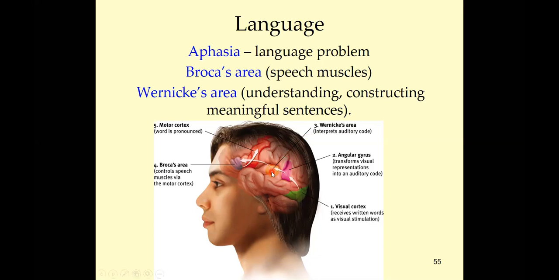Wernicke's area is also involved in constructing meaningful sentences. So if damaged, Wernicke's aphasia might involve an inability to understand what others are telling them. It might involve also speech which doesn't make sense to anybody else. The words are all out of order, or the endings of the words are not correct, so it just doesn't make sense. Okay, Wernicke's aphasia.